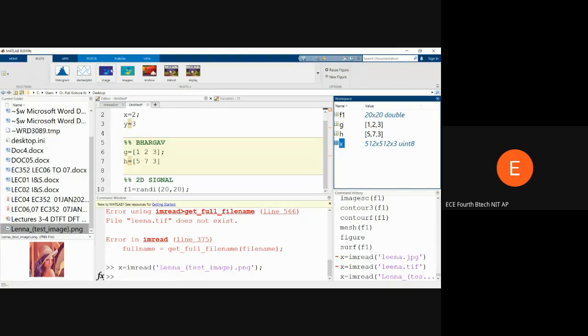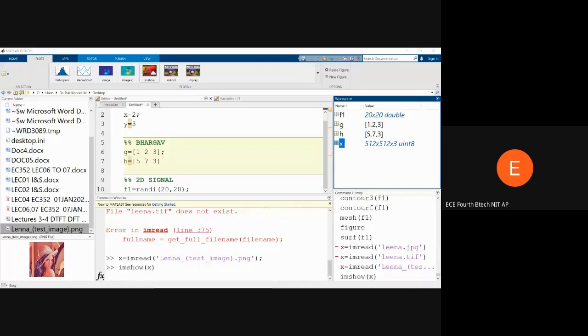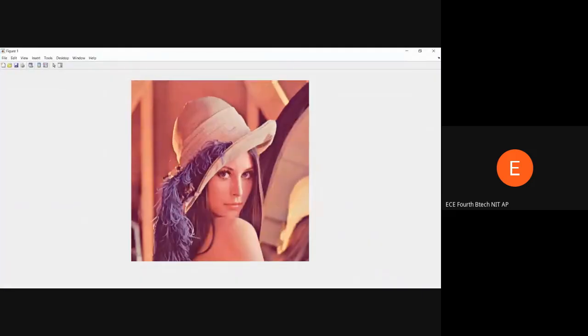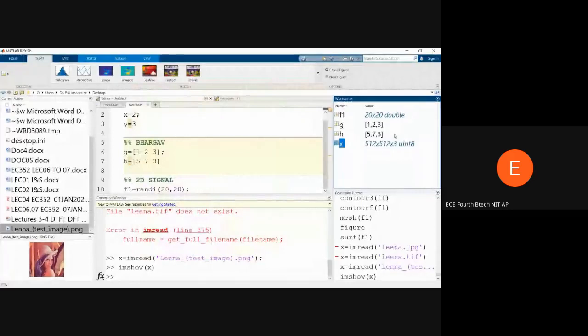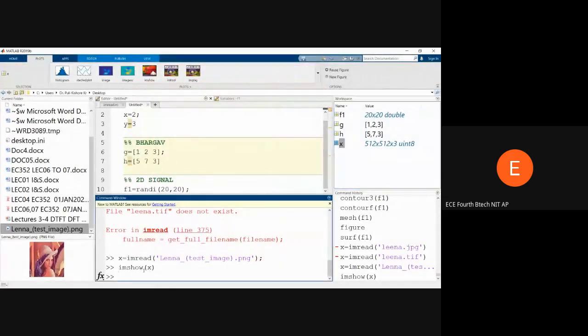You can go with imshow, and this is the image that is being displayed. You cannot represent this with a surface or mesh because this is 3-dimensional. Instead, you can represent one layer using surf, but I believe this will not work, but let me try.